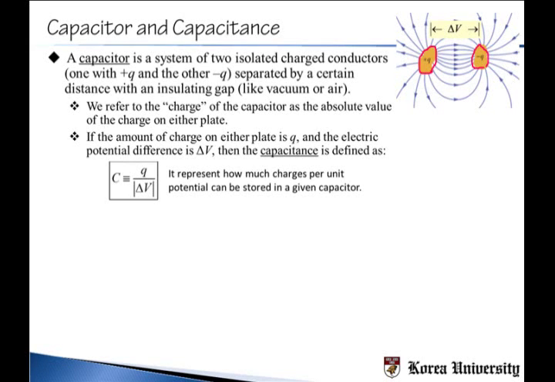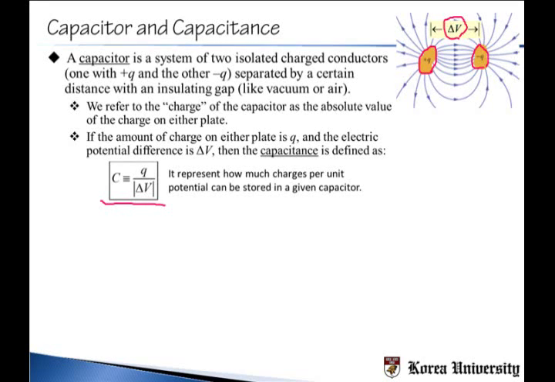Here you can see that electric field lines are going from one side to the other. We learned that when the electric field goes through a certain distance, there will be an electric potential difference. Let's call this electric potential difference delta V. Using this, we can now define capacitance: the capacitance is the amount of charge stored in this capacitor divided by the electric potential difference between these two plates.